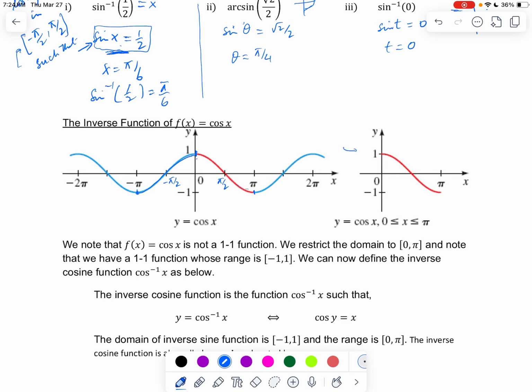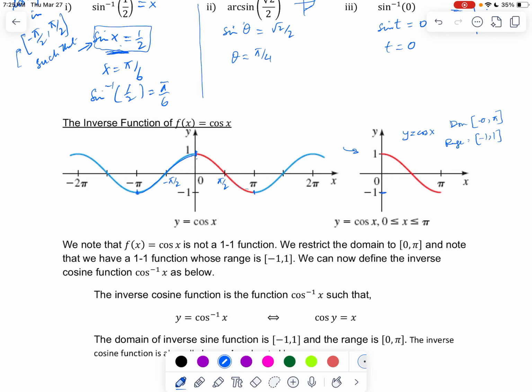It is given here separately. So the range is from negative 1 to 1. In this case, this is a piece of cosine x with domain 0 to pi, including the endpoints, and range negative 1 to 1.